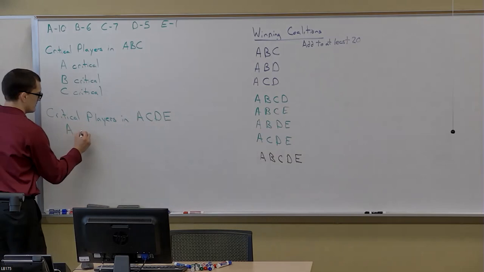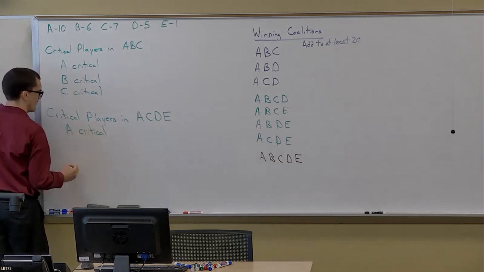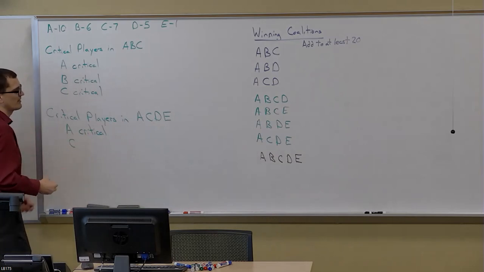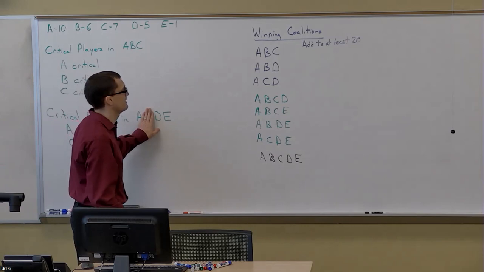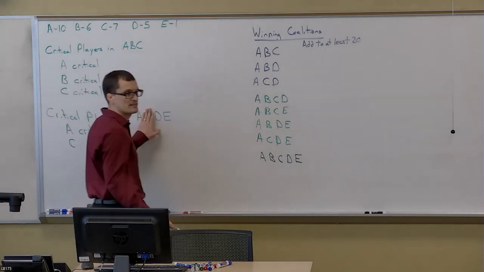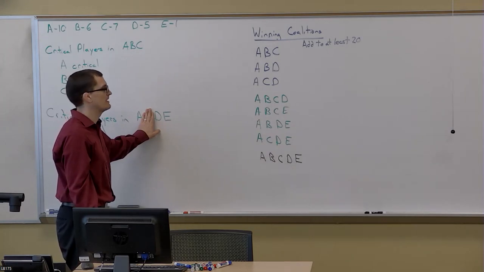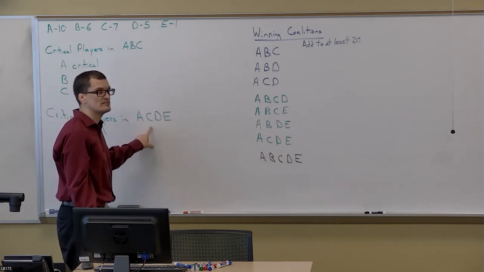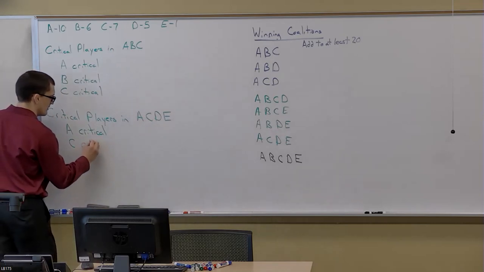A is critical. How about C? If I drop out C, I'm looking for A, D, E. That's not up there, is it? So A, D, E not being up there means C was needed. And so C is critical.